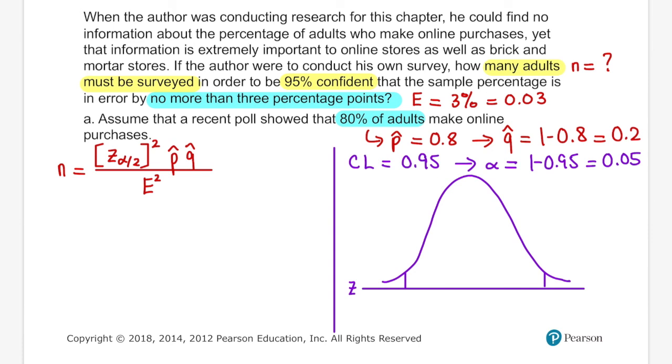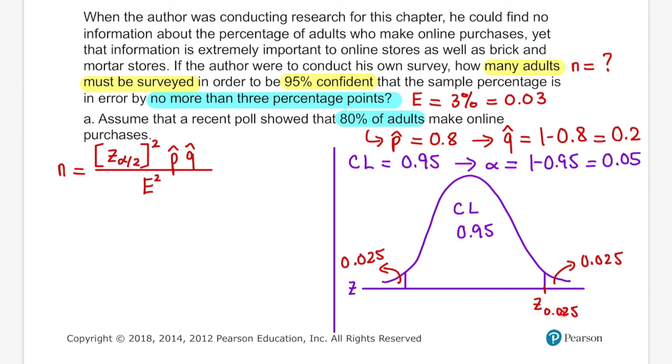In a standard normal distribution, the middle area is my confidence level, which is 0.95. My alpha is the sum of these two tails. This is 5%, so each one of those is 2.5%, which is 0.025. And this number is z of 0.025, which is z of alpha half.